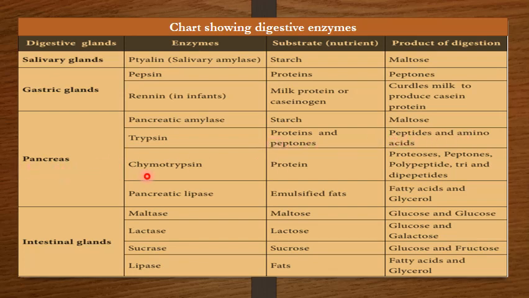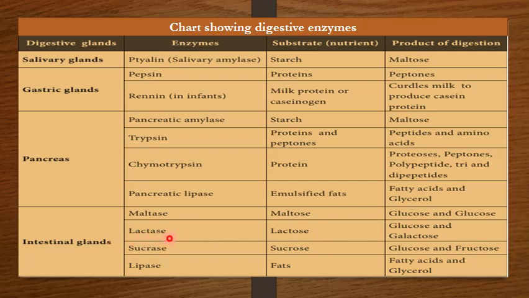It also secretes chymotrypsin which helps in conversion of protein into proteoses, peptones, polypeptide, tri and dipeptides. Pancreas also secretes pancreatic lipase which helps in conversion of emulsified fats into fatty acids and glycerol. Intestinal glands secrete maltase which helps in conversion of maltose into glucose and glucose.